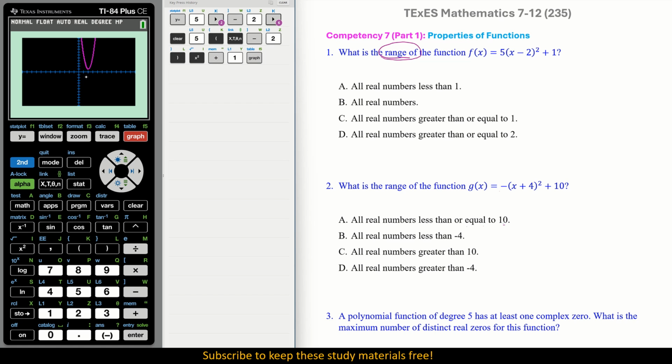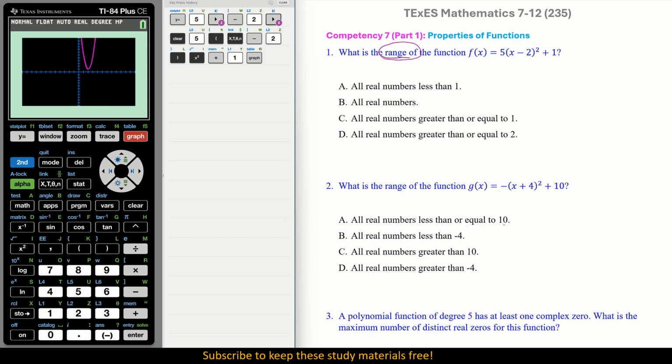We can judge that maybe we're using 1 up. Remember, you're looking at the y-axis, so everything along the y-axis is included. I'm looking at probably 1 to infinity.